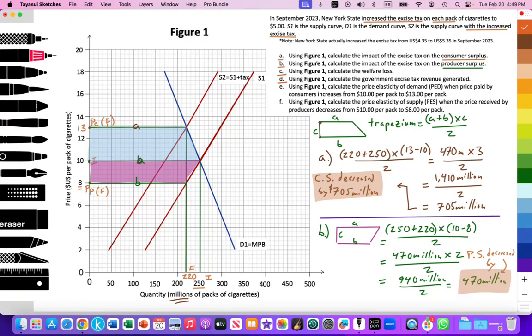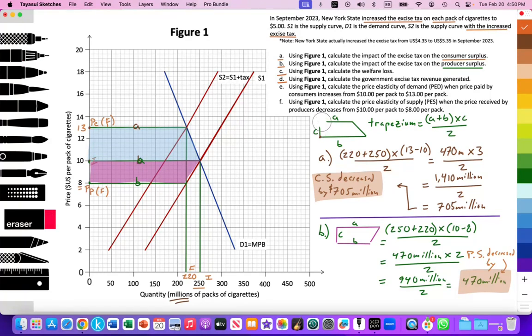In A and B, we went over the change in consumer and producer surplus by using the trapezium formula, which is the surface area of this type of shape. The IB might provide you on a Paper 3 with a model where you don't see the Y or X intercepts, so you can't simply calculate the surface areas of two triangles and subtract them from each other. So this formula comes in very handy because we can use it to calculate that change for consumer and producer surplus.